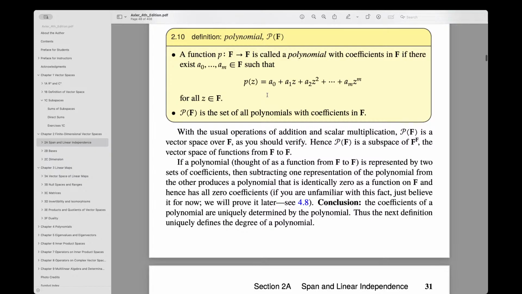A good example of an infinite dimensional vector space is, of course, the set of all polynomials over some field. For example, the set of all polynomials with real coefficients would be an infinite dimensional space, and also the set of all sequences, obviously, is infinite dimensional.